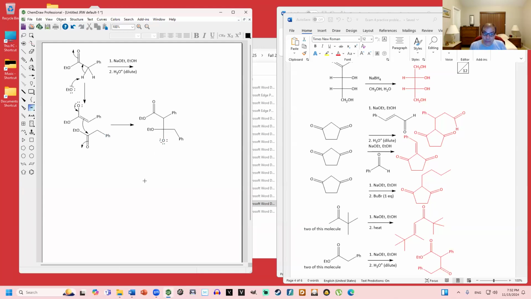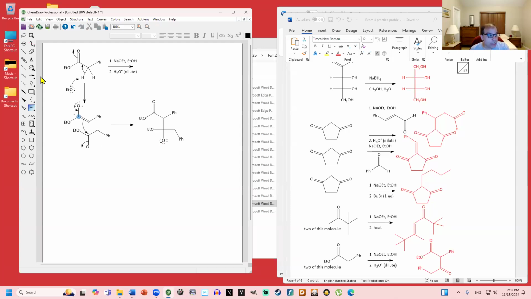And then this is the decision point at which, if we were doing an aldol condensation, we would start to think about dehydration. But remember, this is a Claisen condensation now, not an aldol condensation. There's no possibility of dehydration.